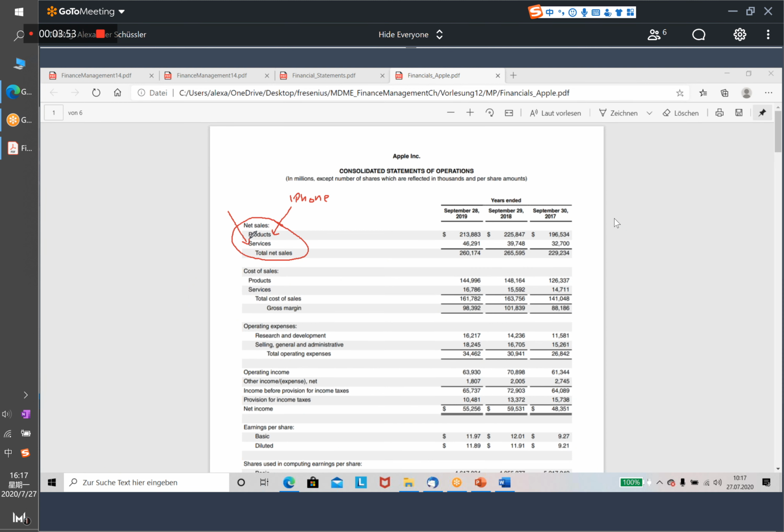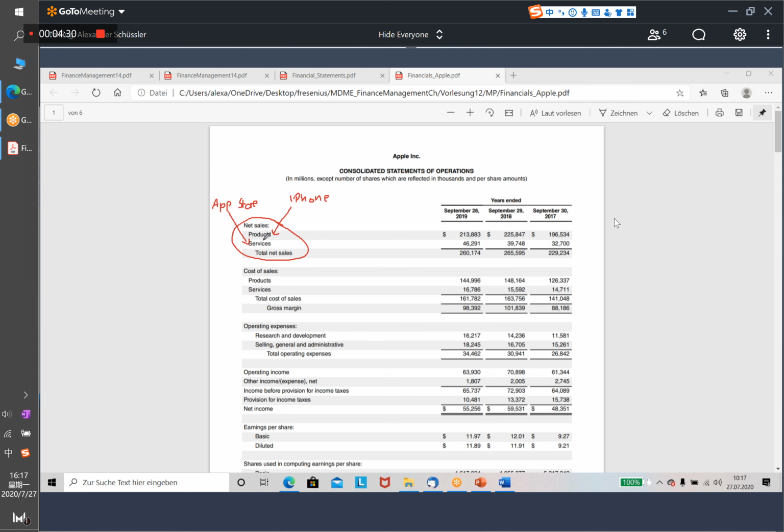If you think about Apple, what are the services they are selling? Maybe the App Store. Exactly. Or the things that have to do with the App Store, for example. So you see that most of the sales come from the iPhone and the iPad and all these kind of things, but they also generate quite a chunk of their revenues with the services.